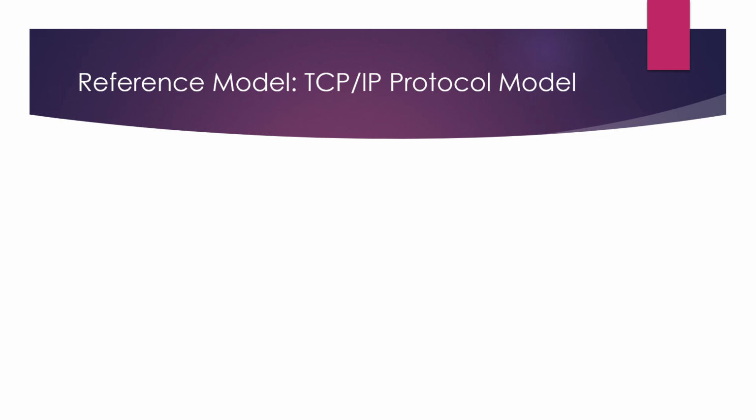As we said before, in the TCP/IP model the layers are known by name, compared to the OSI reference model, which is mostly known by the number of the layer.